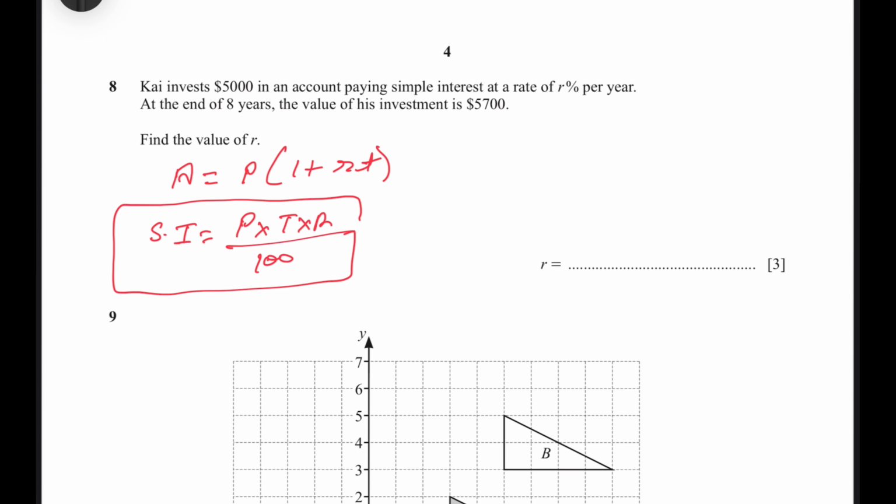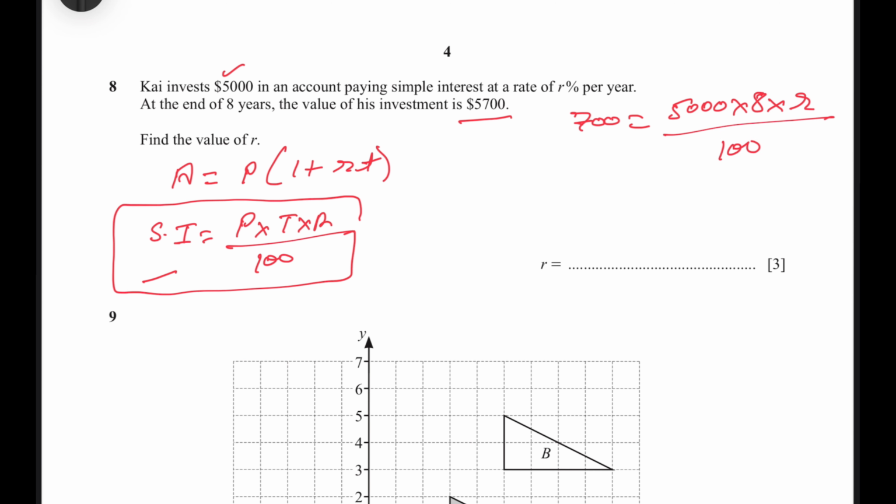So 5,000 was the principal, this was the total amount. So what is simple interest? Simple interest is actually 700. So writing here simple interest as 700 equals, principal was 5,000 into time was 8 years, and we have to find this R, the rate of interest, divided by 100.